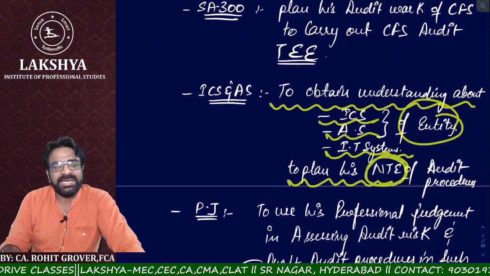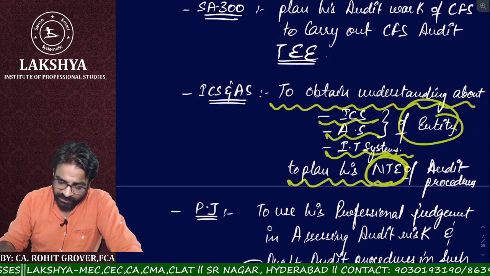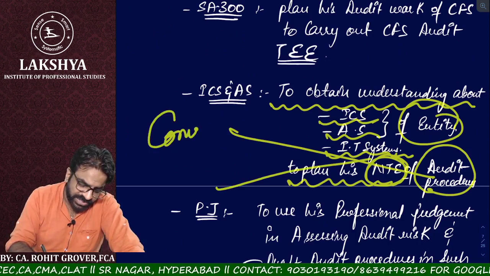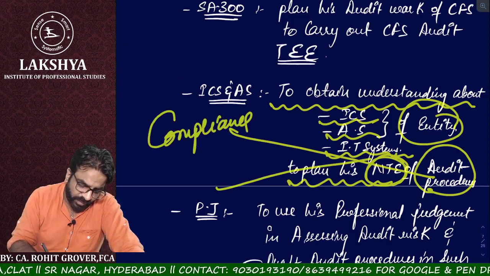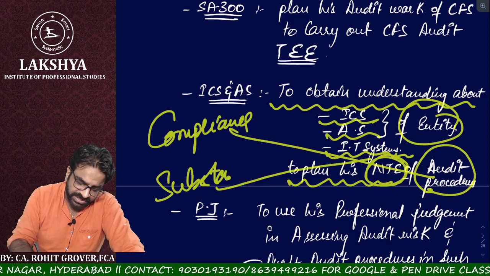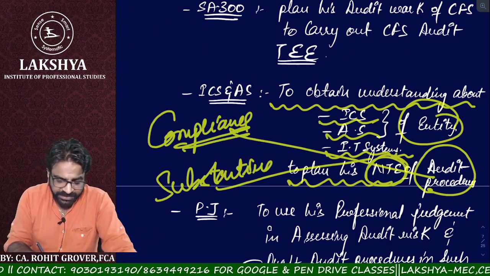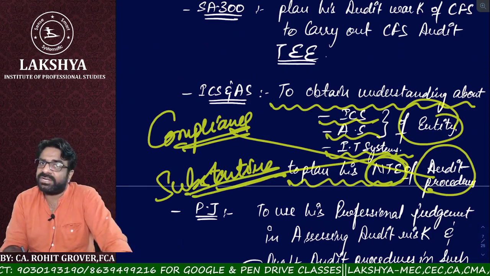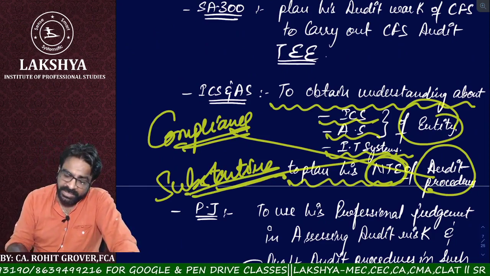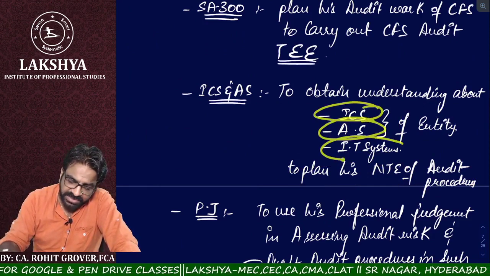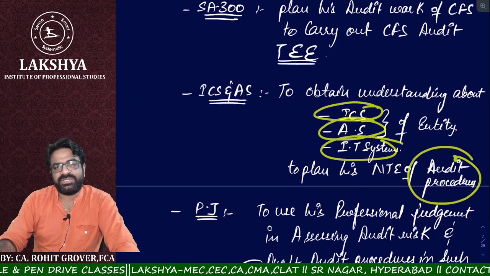What is NTE? Nature, time, and extent of his audit procedures. Do I have to follow compliance procedures here or substantive procedures here? Compliance means a little bit lenient in nature. Substantive means where you have to do the examination in depth. Clear, everyone? So on the basis of the internal control systems, accounting systems, and IT systems, I will plan my audit procedures also.